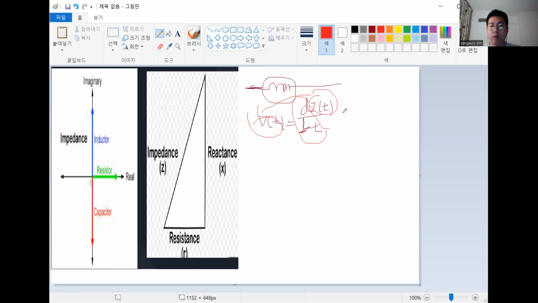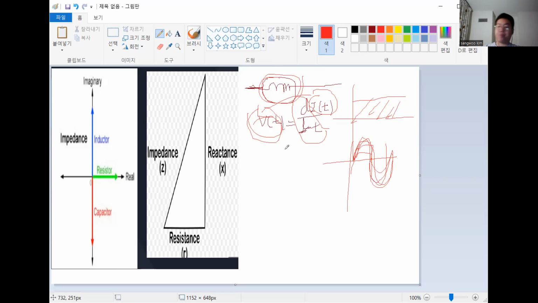In DC, the current is not changing, so that's why we say that in DC the coil is short, right? And in AC, the current is changing, so that's why it has meaning. So we say the voltage is induced.